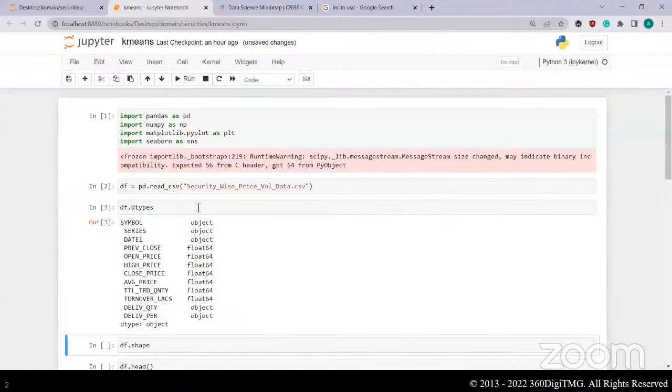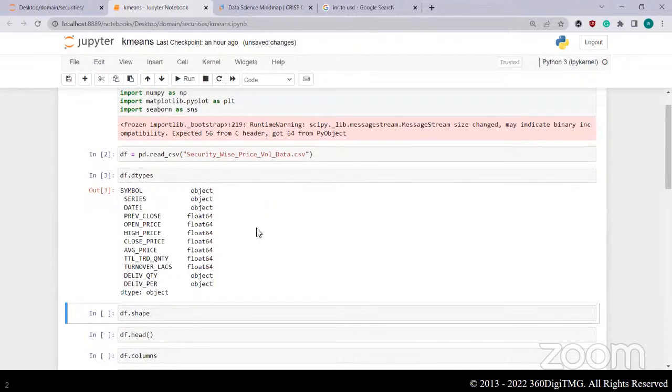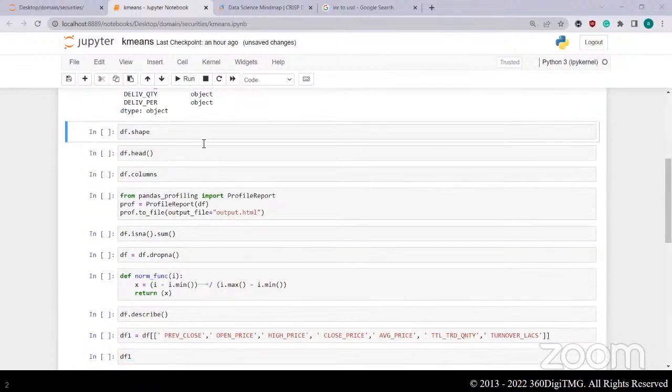So let's take a look at the data types. The data types we have are object and float64. Object is nothing but string, and float is numerical data. Okay, so what we'll do is take a look at the shape of it.